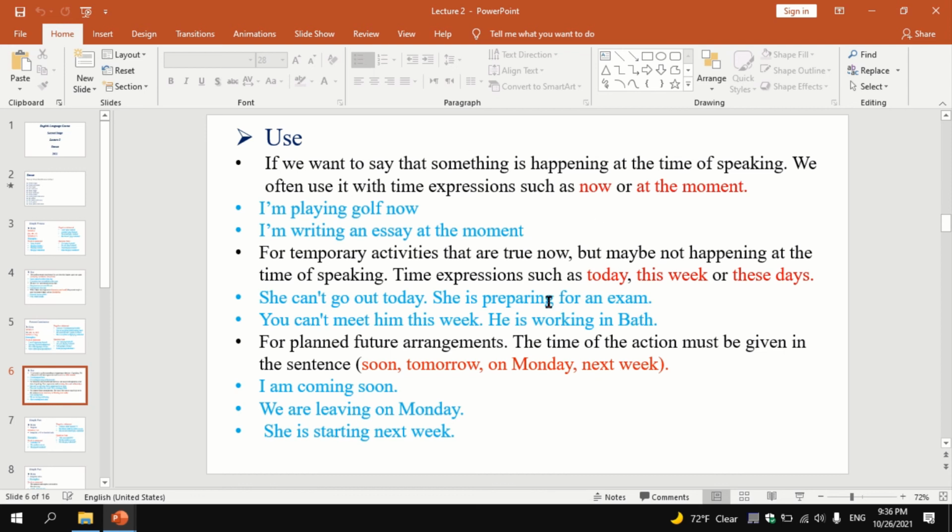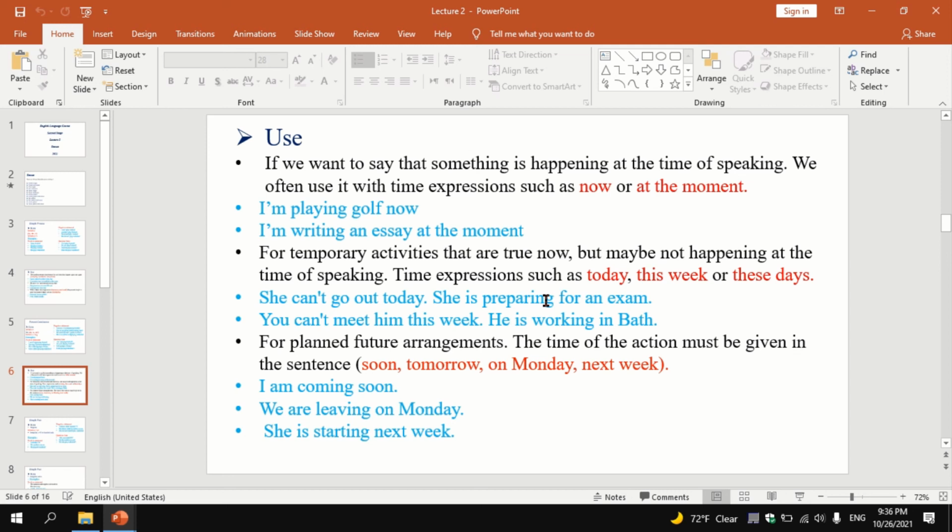If you want to say that something is happening at the time of speaking, we often use it with time expressions such as now or at the moment. I'm playing golf now. I'm writing an essay at the moment.